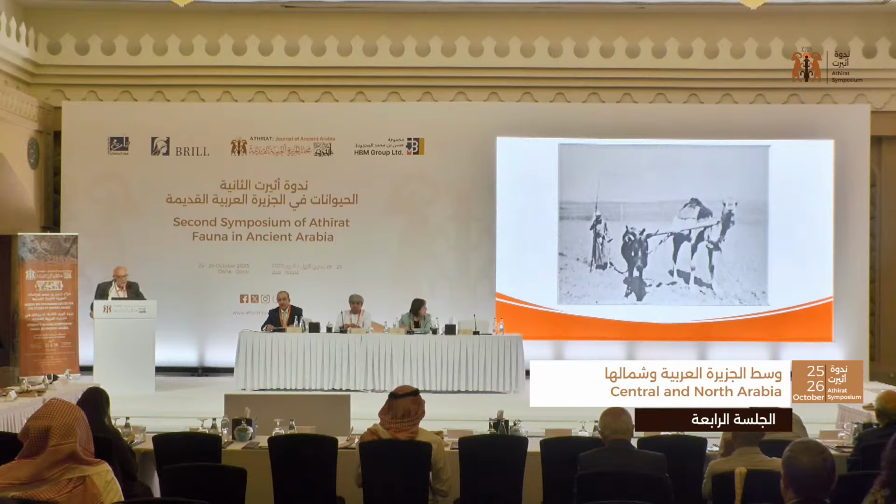This is an example of a camel and a donkey used together. And actually, with all the depiction of camels in Safaitic drawings, you would wonder why were they using oxen when they could use camels for, and this is relevant, I'll get back to this.